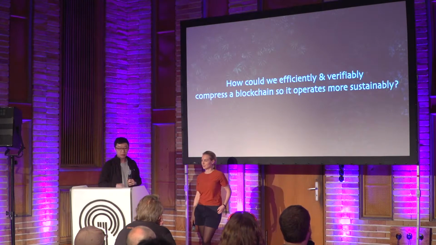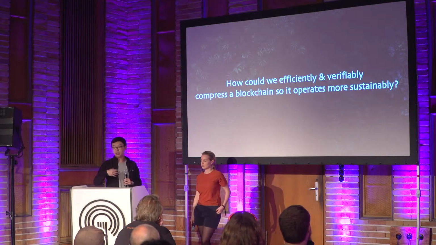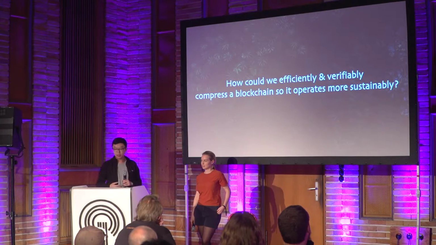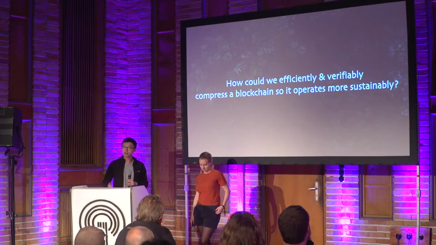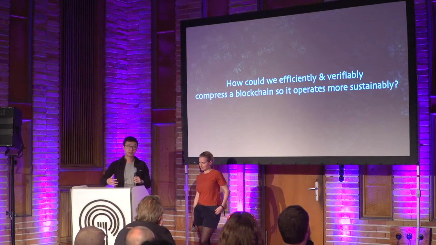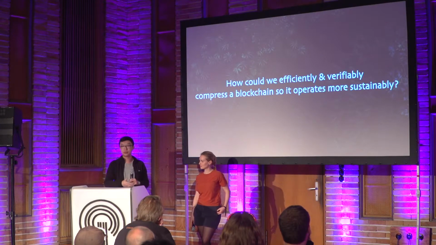And so a question might be, how could we efficiently try to compress this blockchain so that it can operate more sustainably? The idea is that we want to make it sustainable and also easy for consumers to participate. It becomes a barrier to entry if we have large storage sizes and large requirements where the average consumer device may or may not be able to even store the entire state, let alone verify it.